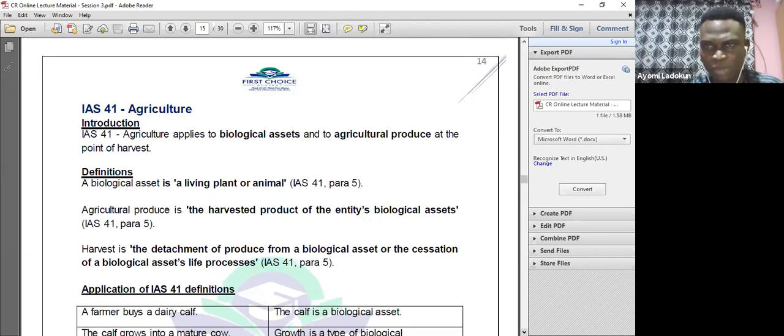So the last time we met, we were able to conclude IFRS 5, assets held for sale and discontinued operations. Then we moved ahead to look at IAS 10, that's events after the reporting period.